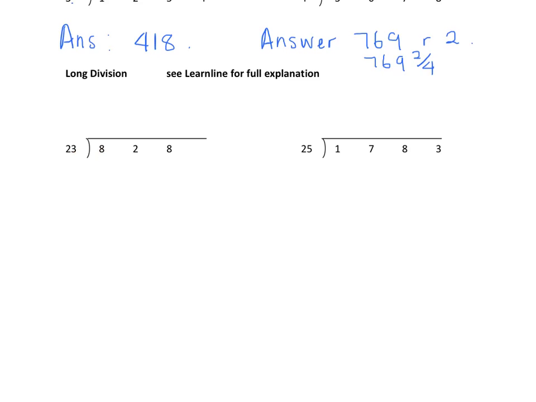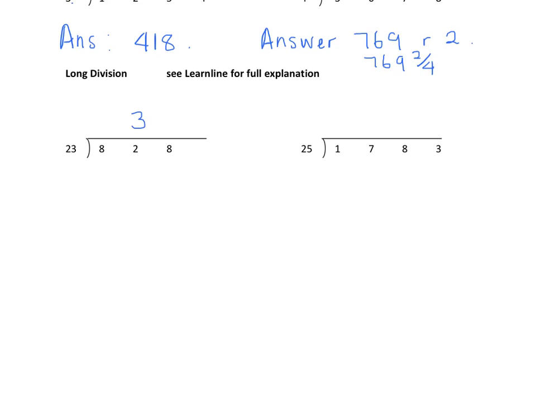How many 23s in 82? I think there's 3. 3 lots of 23 is 69. That's quite an easy multiplication. So it's 3, but then we've got a heap left over, haven't we?